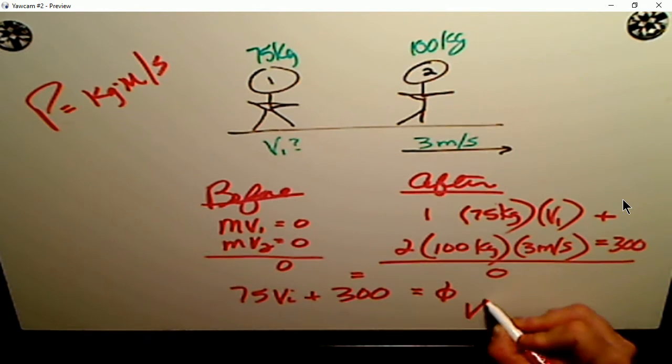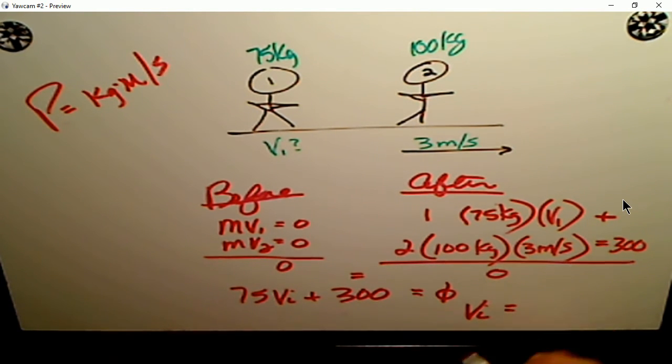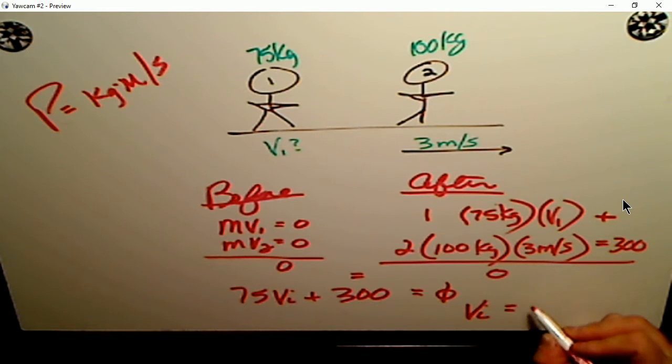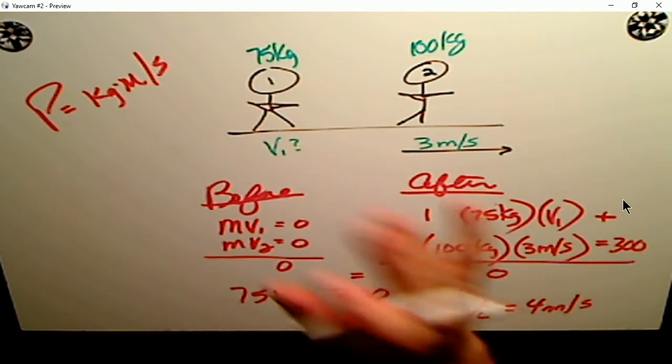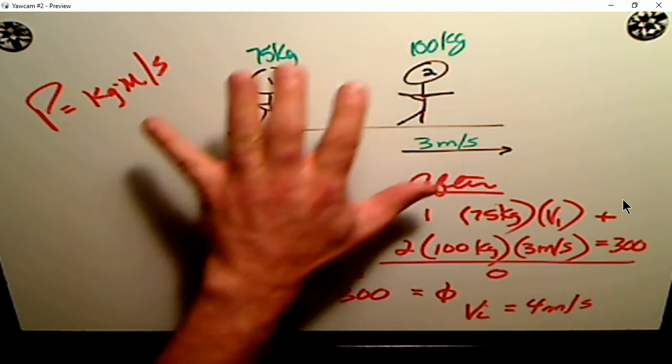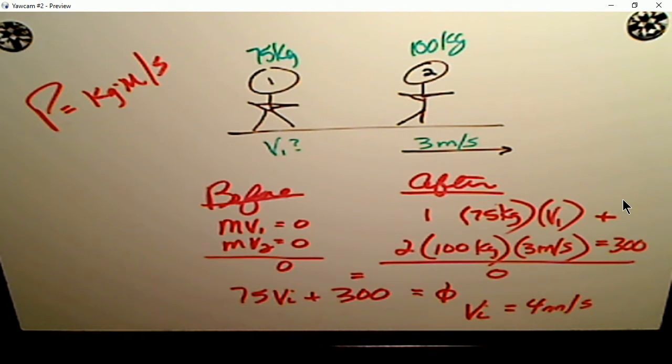Doing the math, very simple algebra, we get 4 meters per second. Now, that's fairly straightforward, right? When we talk about collisions in another topic, you're going to get a little bit more complex type of problem. But this is fairly straightforward: in one dimension, momentum before must equal momentum after.